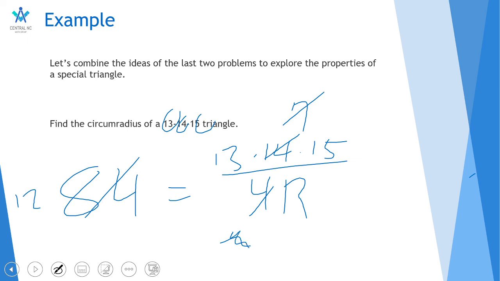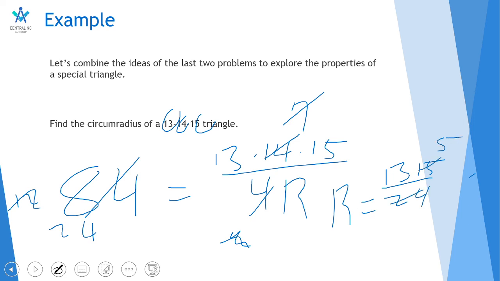I'll bring this over and make this a 24. And then now we just switch the positions of R and 24. And so we get R is equal to 13 times 15 over 24. Oh wait, this becomes 5, this becomes 8. So we get R is equal to 65 over 8. Nice.